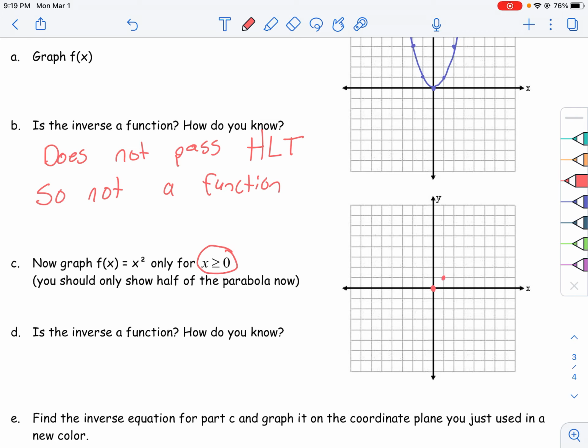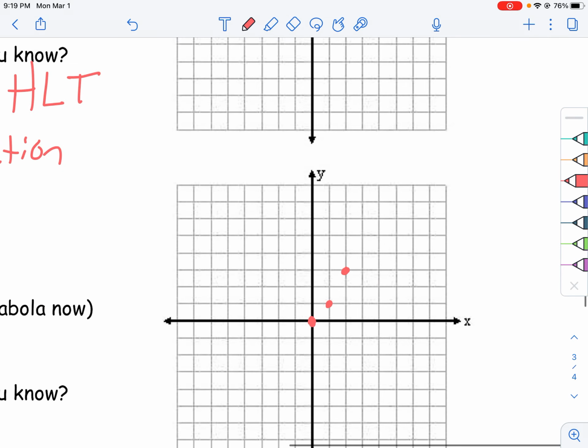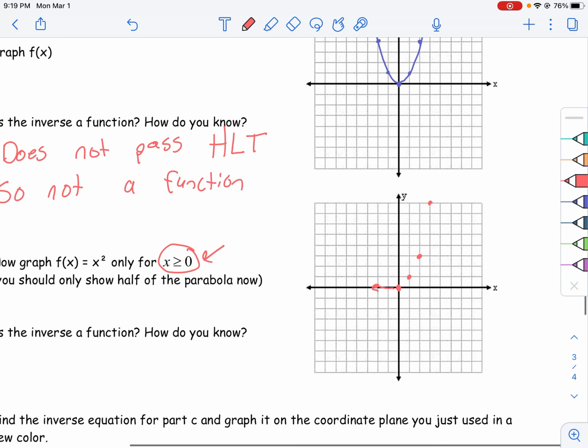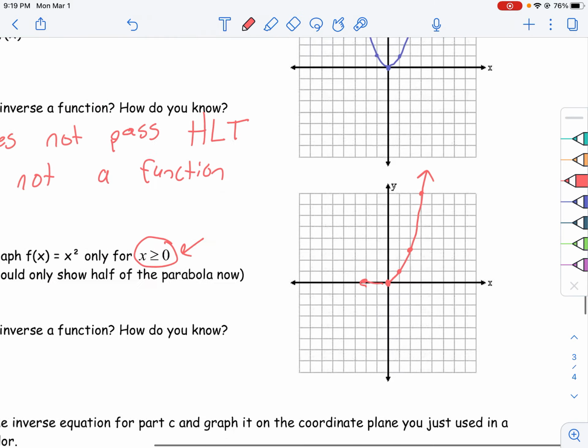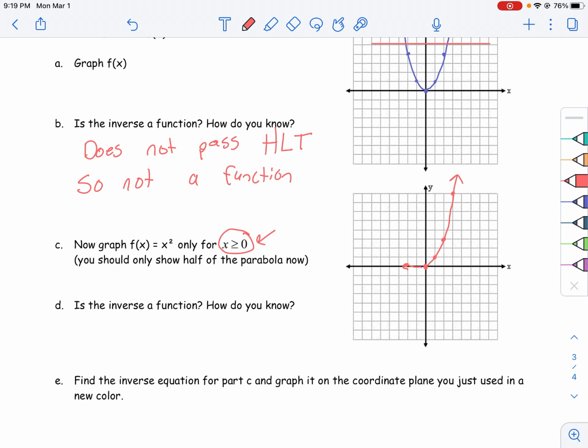So 0, 0 is one point, 1, 1 would be another point, 2, 4 would be another point, and then 3, 9 would be even another point right here. We wouldn't graph anything to the left of 0 because the domain is all the x's greater than or equal to 0. So this is the only portion of the graph that we have right here.